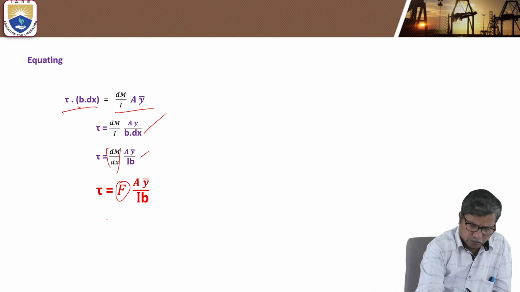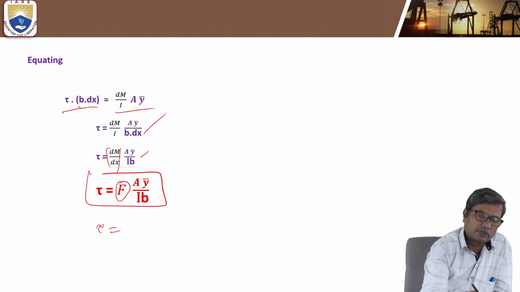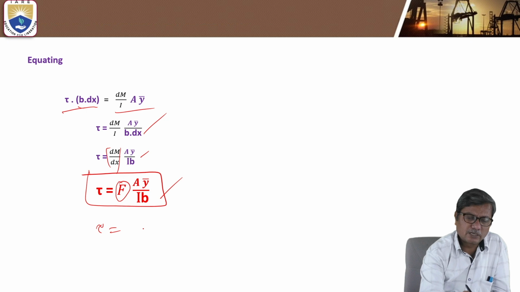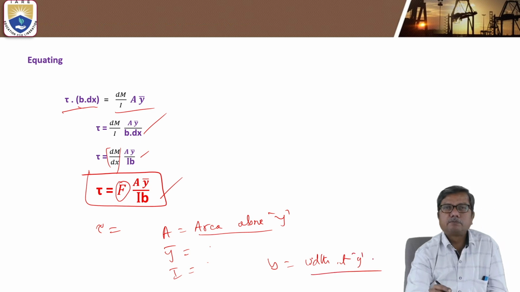So the shear stress at a distance y from the neutral axis is given by this expression, where F is the shear force and A is the area above distance y, y bar is the distance of the CG of this area from the neutral axis, I is the moment of inertia of the entire section, and B is the width at distance y from the neutral axis.